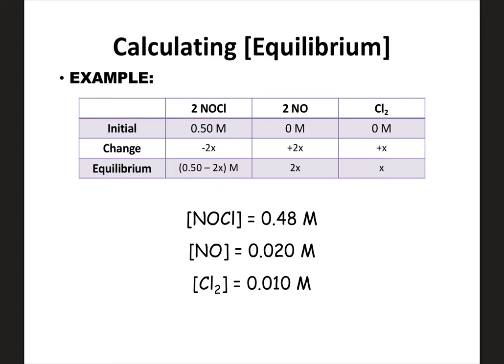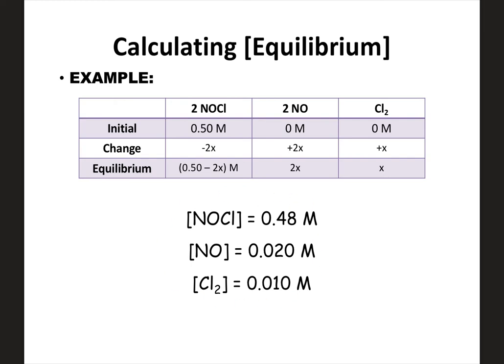We wouldn't just get rid of this and make it 0.50. Sometimes, like I said, the change is so small with sig figs that this number may not change. But you do have to go back and actually plug x in, and you see the concentration of NaCl did change a little bit here, but then you do 2x for the NO, so you get that value, and then x for the Cl2 to get the concentration of Cl2 at equilibrium.